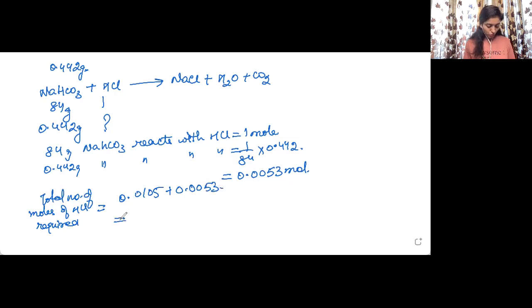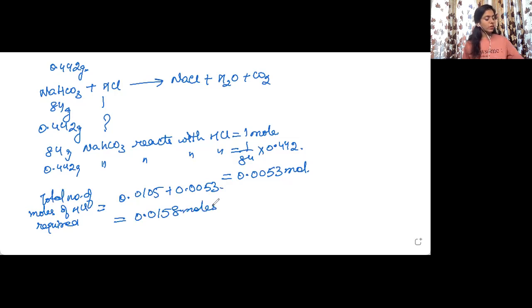It comes out to be 0.0158. So these many moles we need.